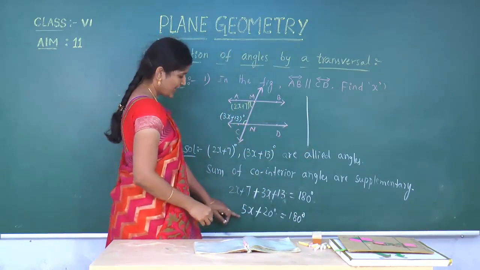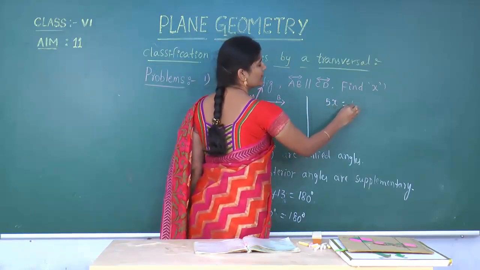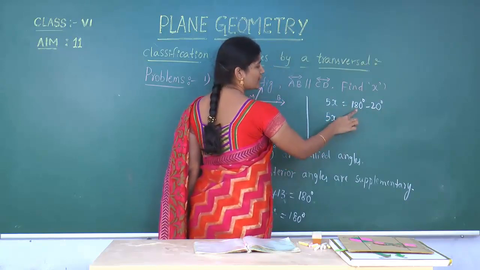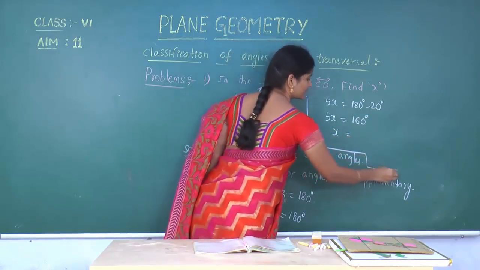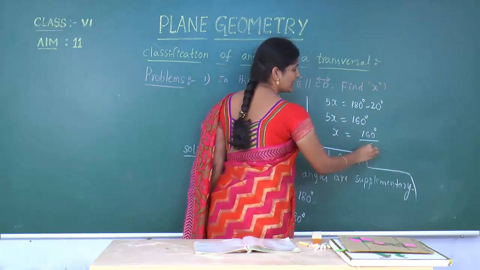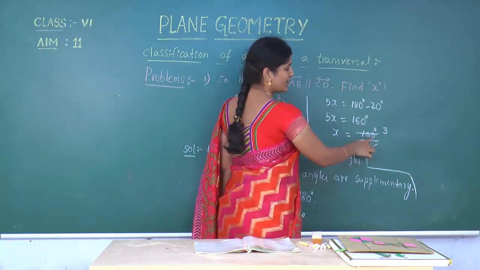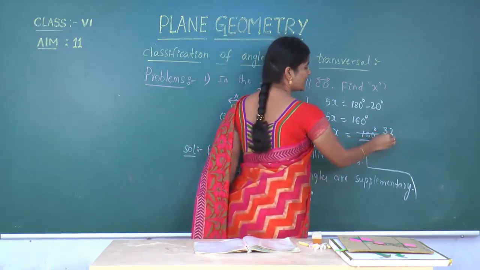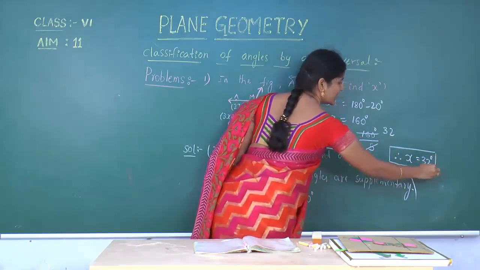Plus 20 going to that side becomes minus 20. 5x is equal to 180 degrees minus 20 degrees, which gives 160 degrees, and x is equal to 160 by 5. Now 5 3s are 15 and 1 remains, it makes the 0 as 10. 5 2s are 10. Therefore, x is equal to 32 degrees.